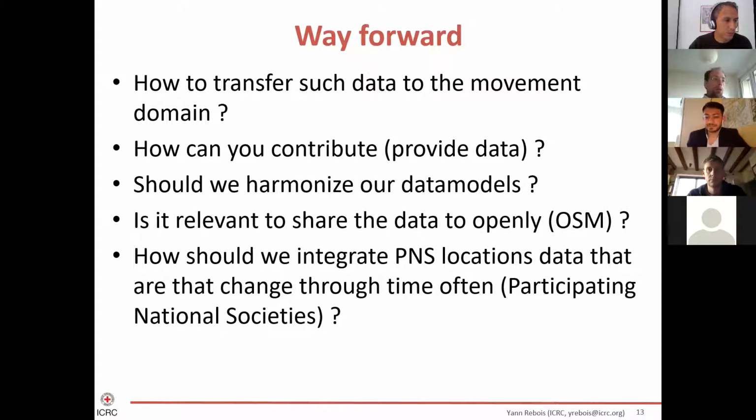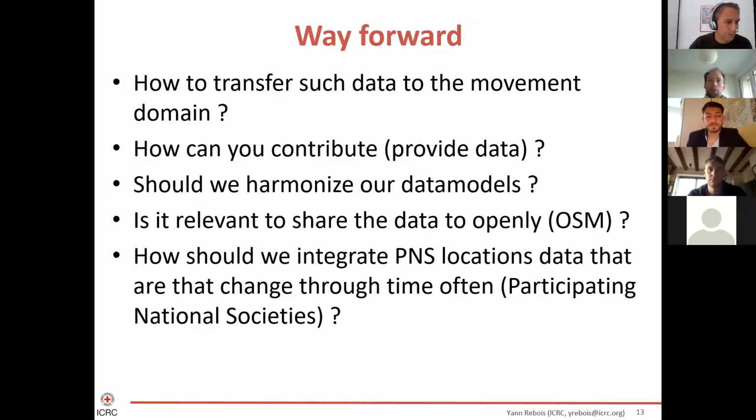Of course, we will have to think, as I mentioned, about the PNS, because for us as ICRC it's one of the challenges. And technically, afterwards we will be able to replicate or synchronize with what we already have at the ICRC.